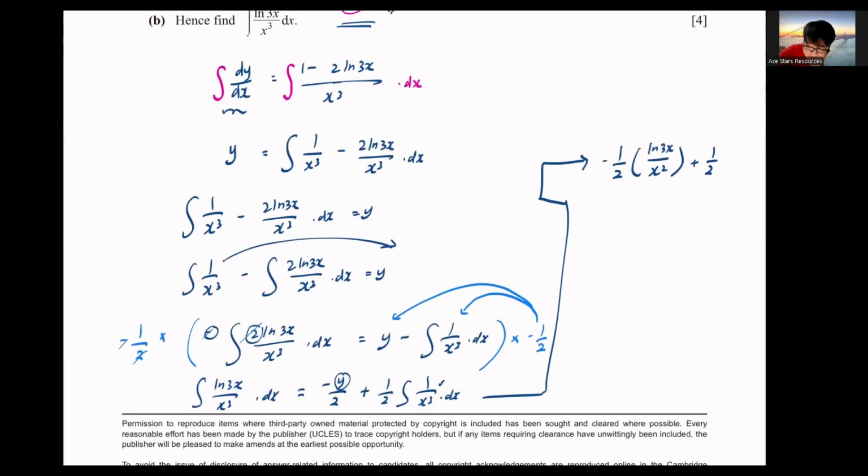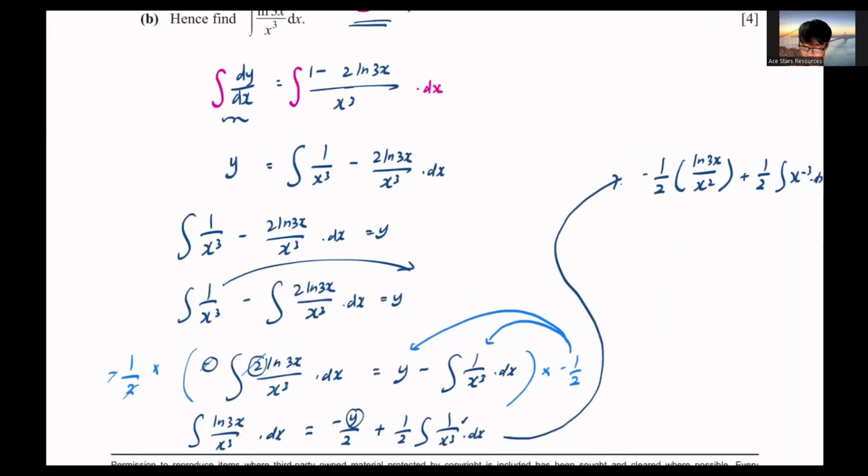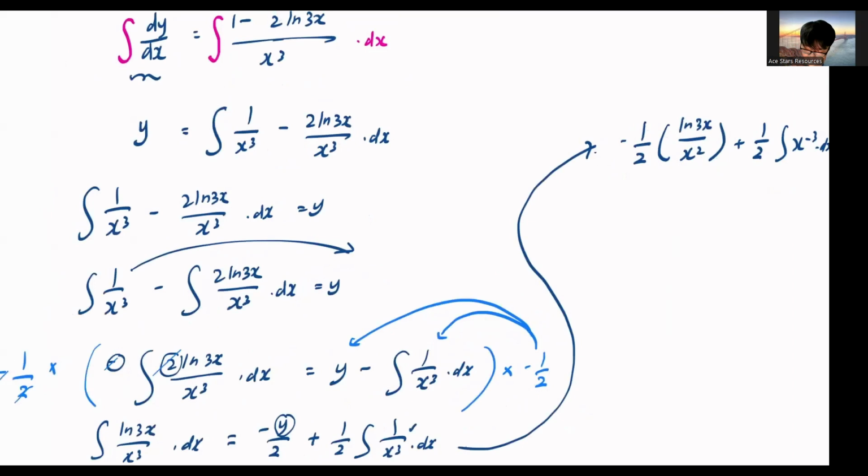Let me sort it out nicely. It is x to the power of minus 3 dx. I'm going to show you how to do this.